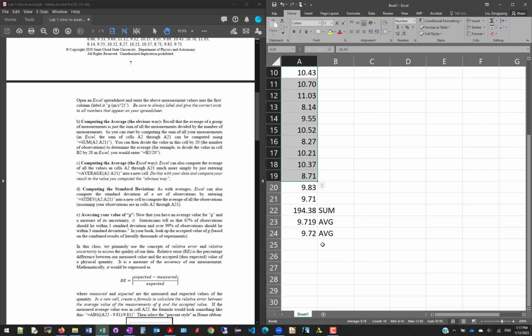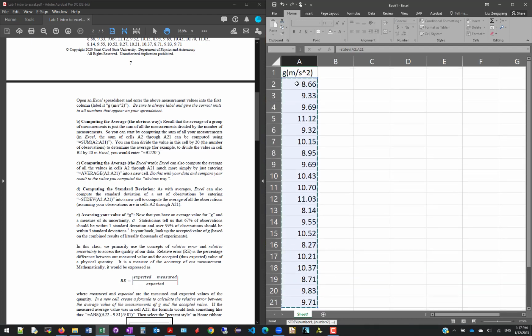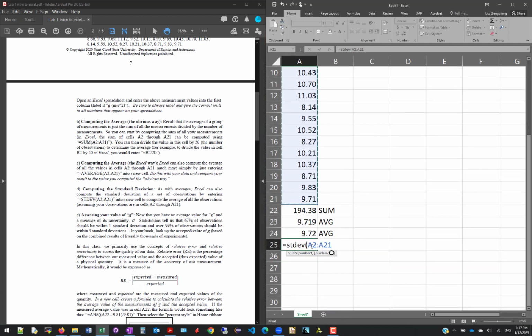That is the standard deviation, STD or STDEV, and you can just call this function. You don't have to know the exact calculations. You just need to call this function and supply all of these values to the function, A2 through A21 with a colon in between. So now you get your standard deviation. And this standard deviation is an estimate of your uncertainty.